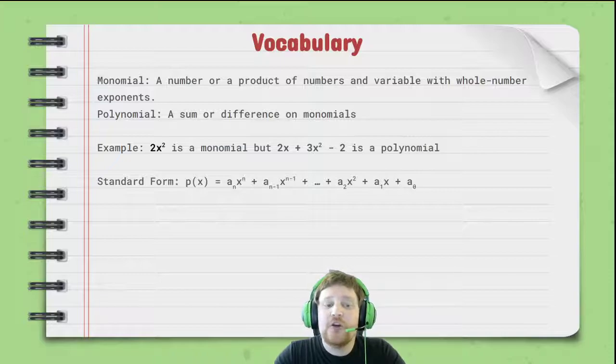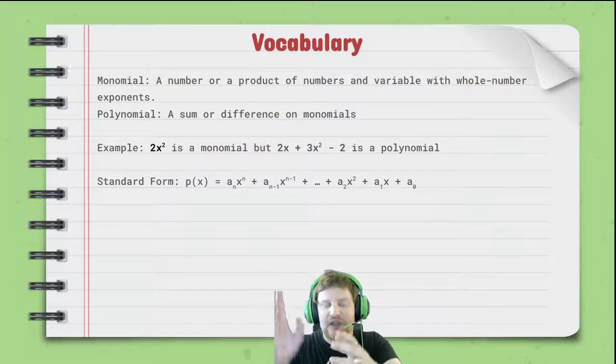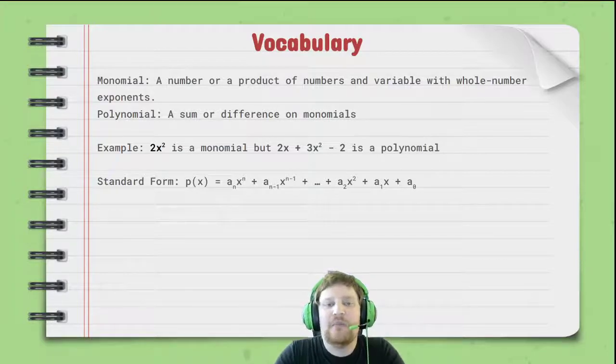A polynomial in standard form, what I have on the screen right now, P(x) equals a sub n x to the n, is a mathematician's terminology for what a polynomial in standard form is. Here's what you need to know, though.